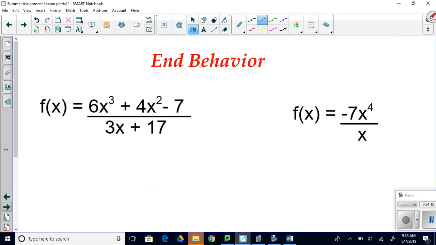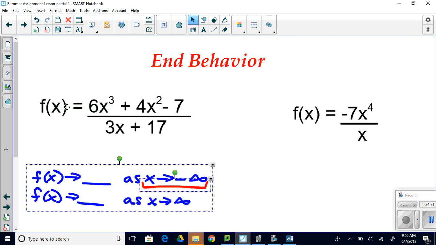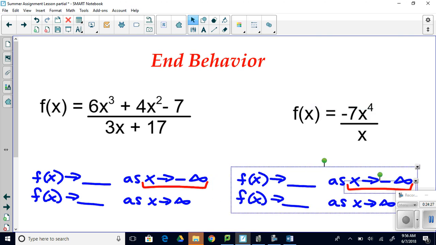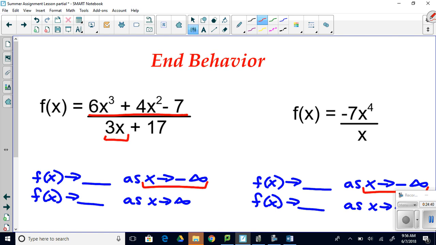So likewise, we're almost done. If I have a crazy fraction and I have to do the end behavior of that fraction, it's not too bad because I think about fractions as division. So if this is a positive x cubed and I'm dividing by a positive x, I could do long division here, but I don't really need to.